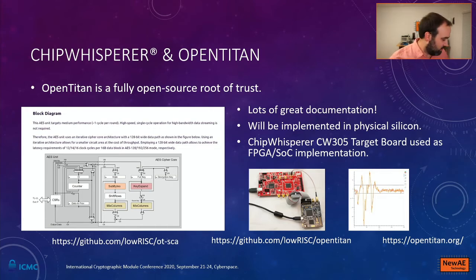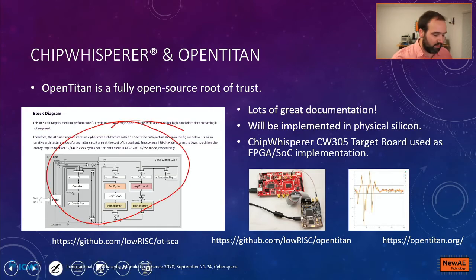I have a figure here from the documentation showing how the AES core works and how all the blocks work. You can go inspect the SystemVerilog and everything else. So it's quite a nice reference for any sort of security work.